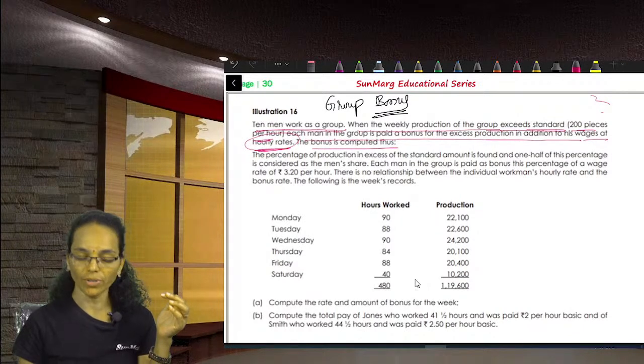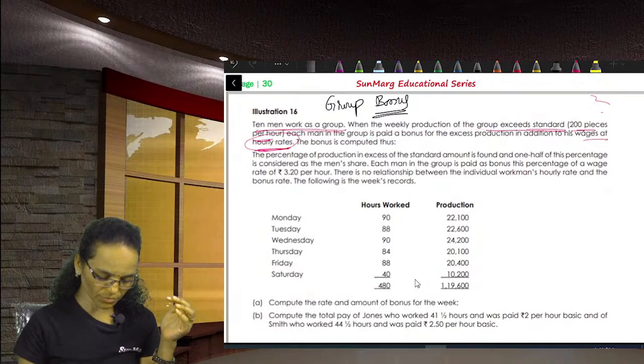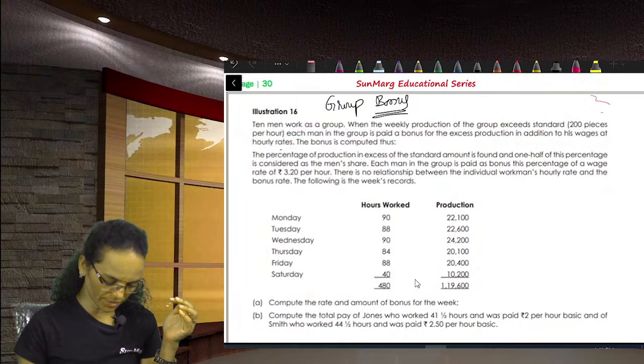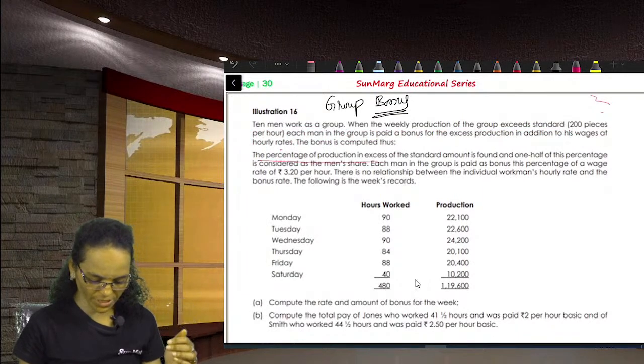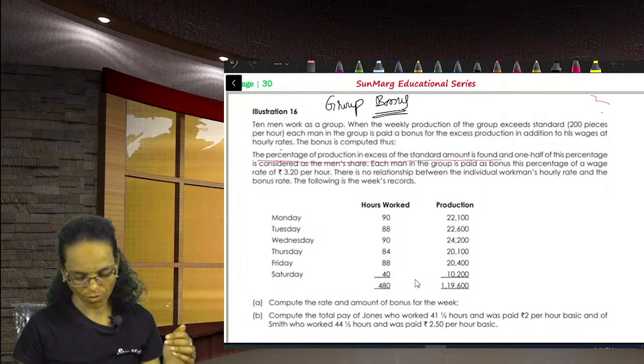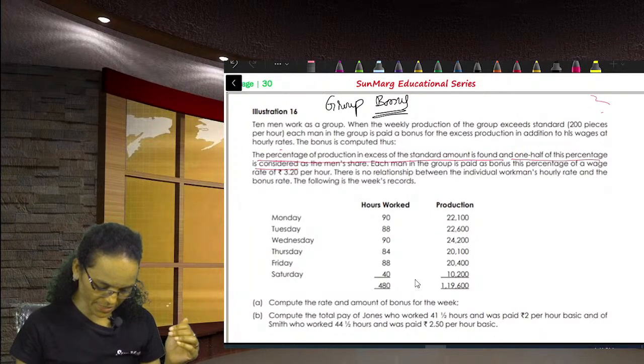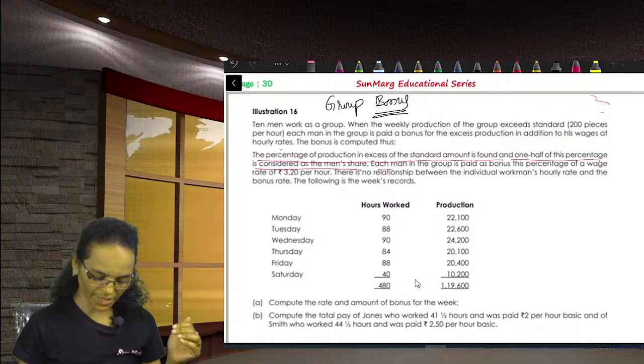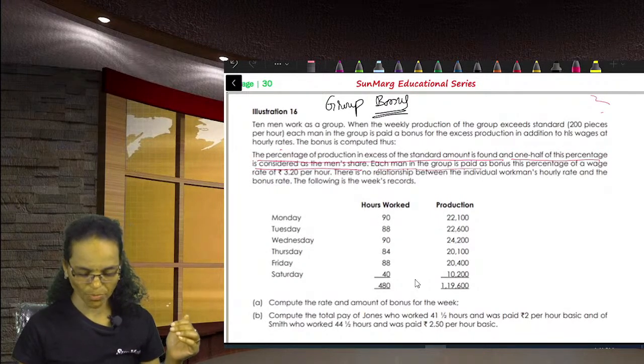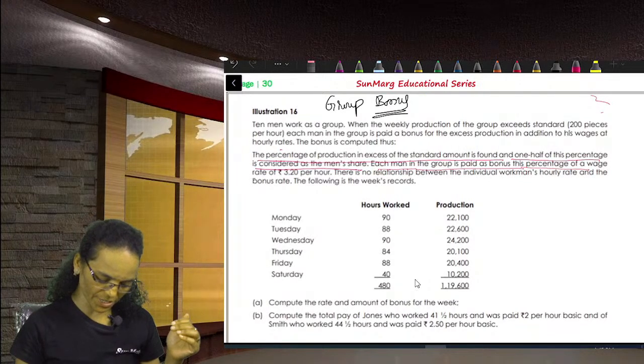The bonus is computed thus: the percentage of production in excess of the standard amount is found, and 1/2 of this percentage is considered as the men's share. Each man in the group is paid this percentage of wage rate as bonus, at 3.2 per hour.